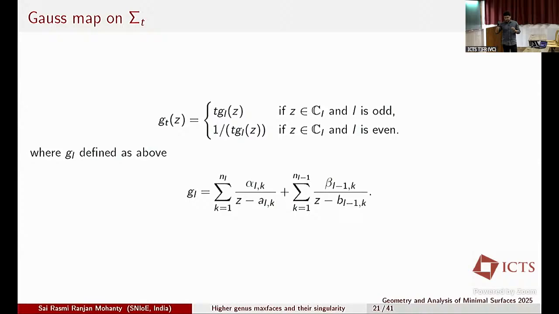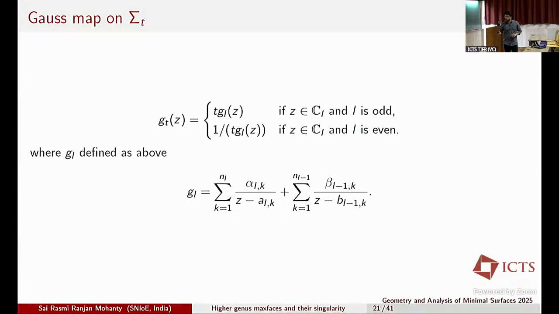If G equals z and dh equals 1 over z dz, this is the Weierstrass data for the catenoid neck. And if t tends to 0, this G_t and dh_t will converge to the Weierstrass data of the catenoid surface. That's why this neck looks like a catenoid. This is the behavior when t tends to 0.